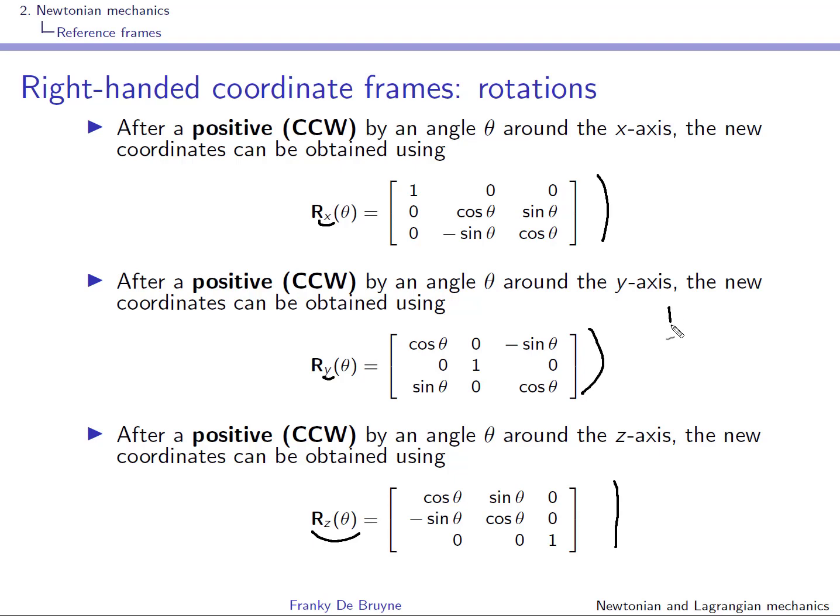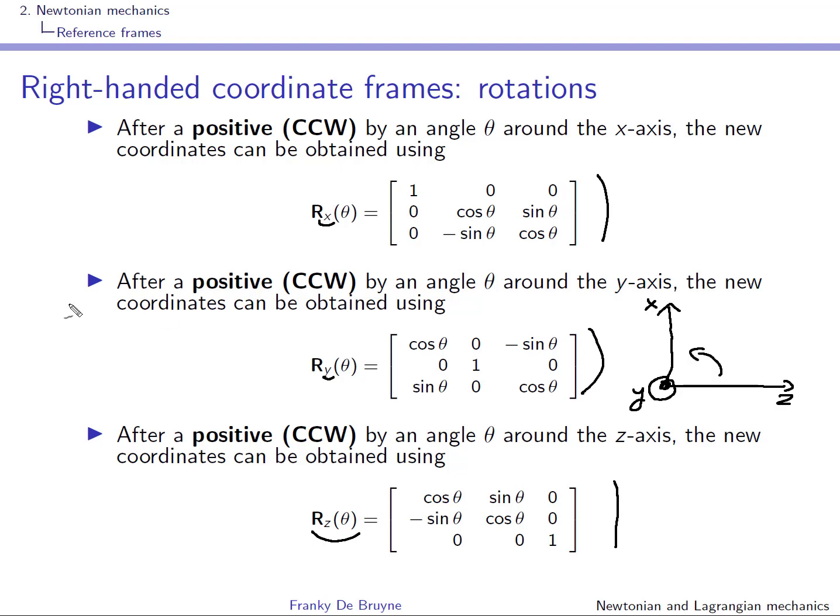Okay, so remember we are turning around the y-axis, and in our case the y-axis will be pointing towards you, outside of the screen. So this is the z-axis, this is the x-axis, and you see that if you take your right hand, you point it in the direction of y, then a positive counterclockwise rotation is one from z to x.